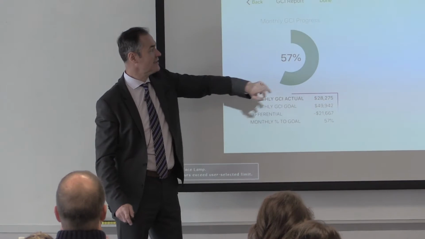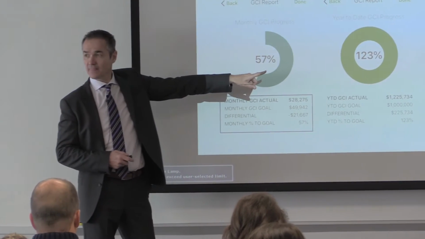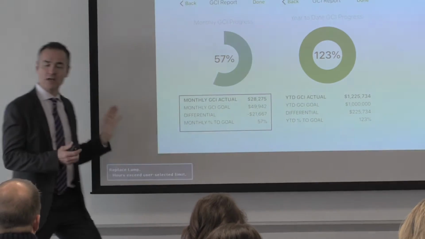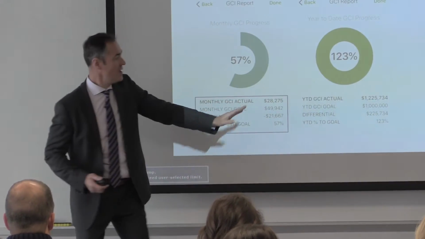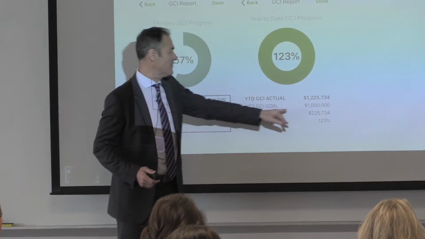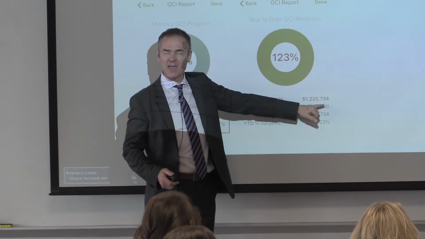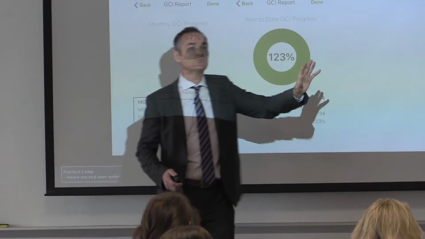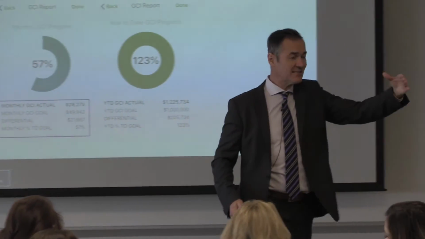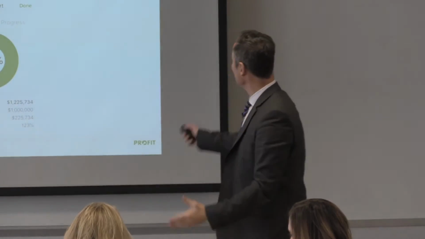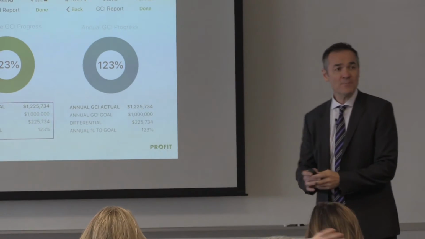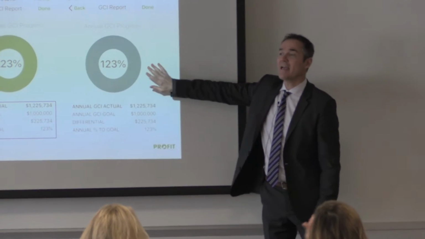The next circle is year to date. So it's saying, okay, let's roll up January to November now. My goal for January to November is this amount. Let's say it's 100,000. I did 125,000. I'm at 123% of my goal year to date, which is cool. And the last circle represents how close you are to your annual goal.